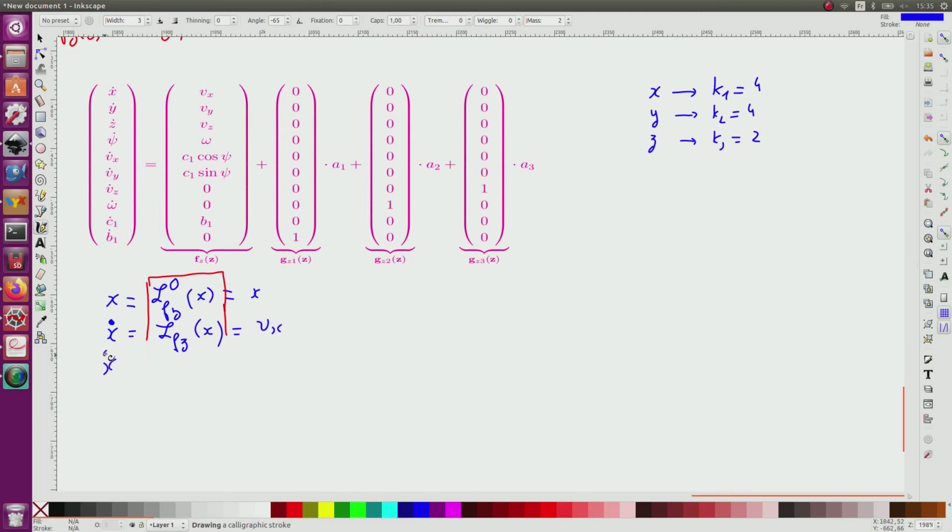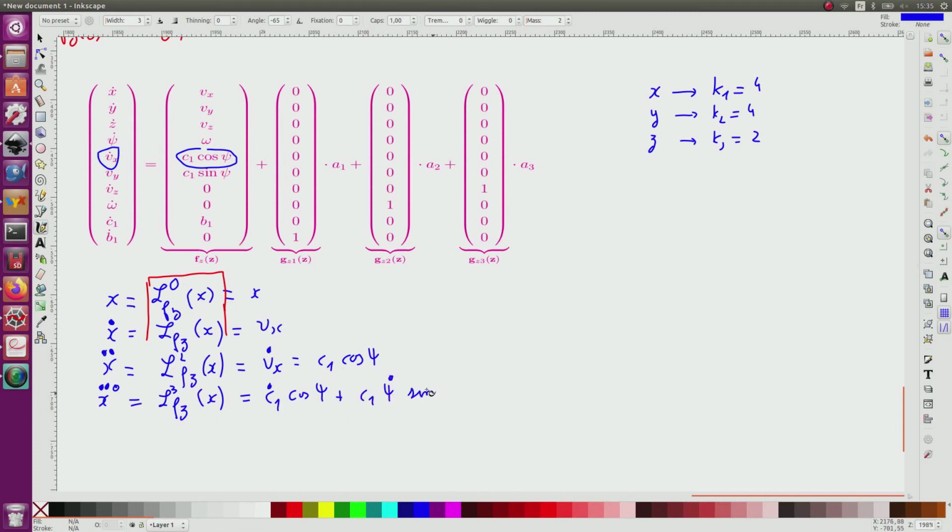Okay, now x dot dot, I have to differentiate twice now with respect to fz. And since x dot dot corresponds to Vx dot, which is equal to, I take this line, I see that it is this, so I will write here C1 cos psi. I will have also to compute this one, the Lie derivative of the third order of x, which is equal to c dot 1 times cos psi plus c1 psi dot times minus sin psi.